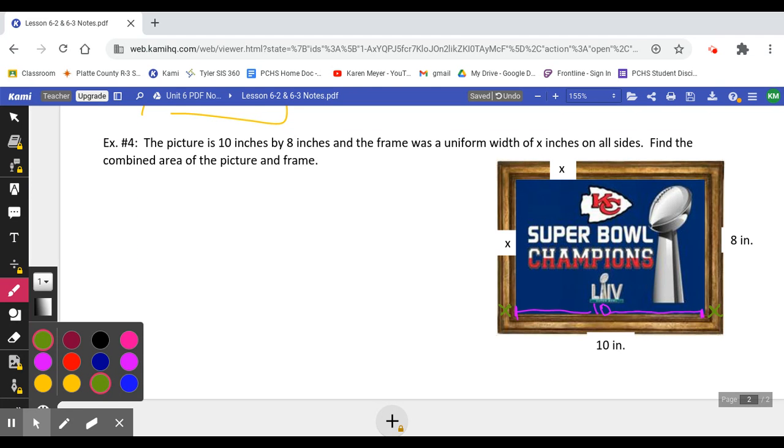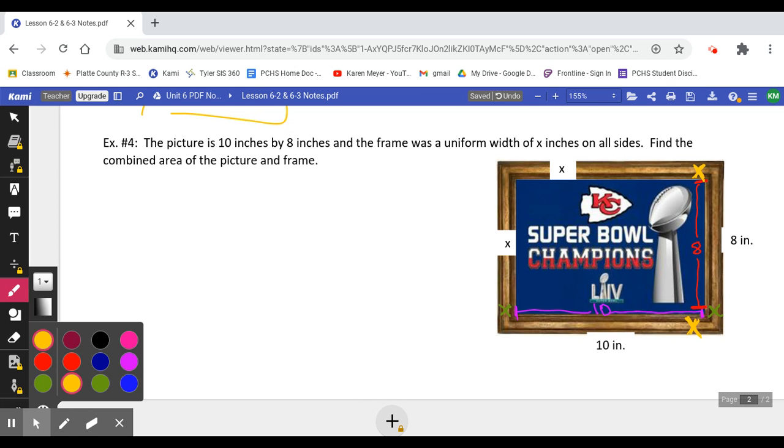And then, of course, the same thing will happen with the side with the 8. The 8 is the inside because that's the picture. So that's from here to here. And then the frame will be on the top and on the bottom.